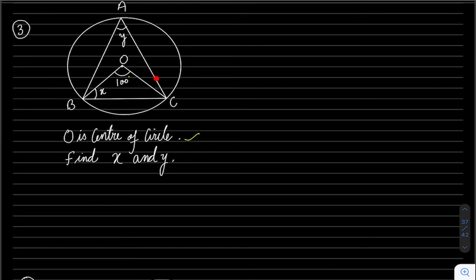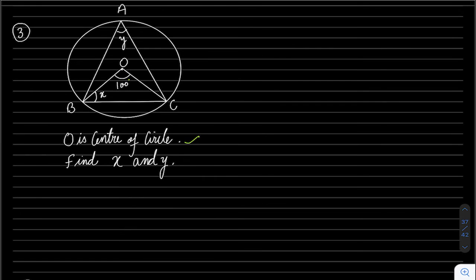Whenever we see this arrow, we know the angle at the center is twice the angle at the circumference. This is 100, so obviously angle Y should be half of 100, because the angle at the center is double. So Y is 50. That's for Y.